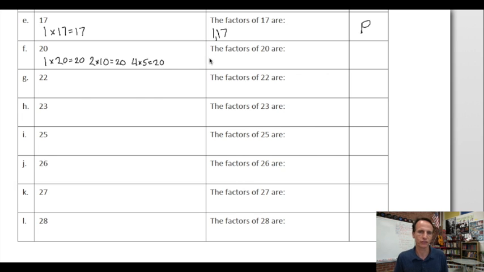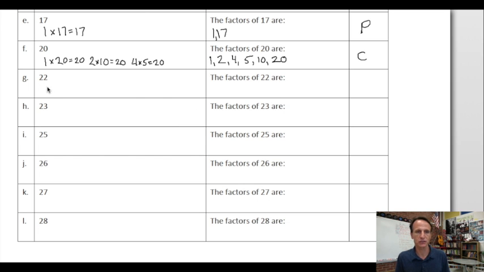Okay, so the factors of 20 then are 1, 20, 2, 10, 4, 5, which we will put in numerical order: 1, 2, 4, 5, 10, and don't forget what? Yes, that's right, 20 as well is one of the factors. And now that's obviously composite because it's composed of more factors than just one in itself.